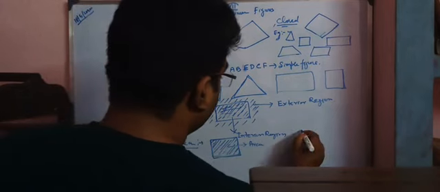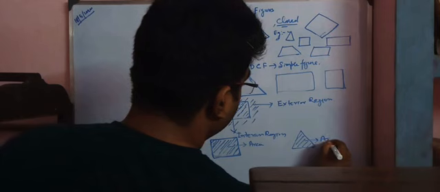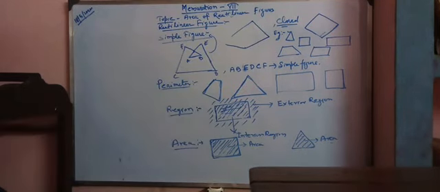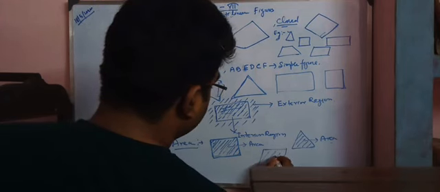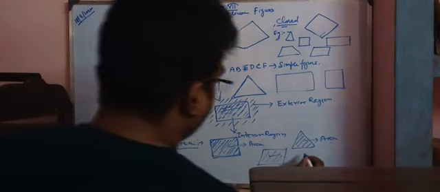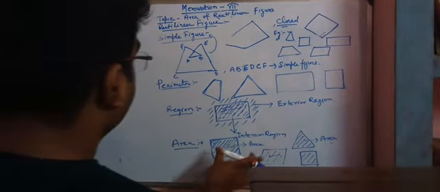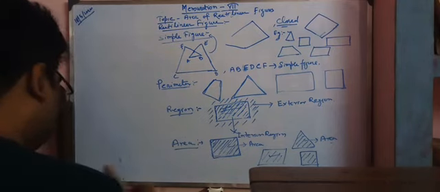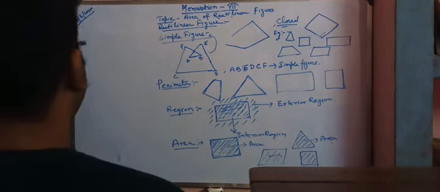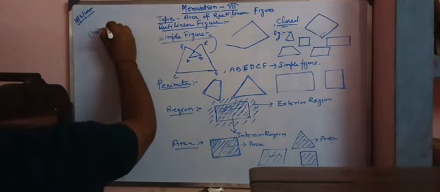For a triangle, this will be the area; for a parallelogram and a square, this will be the area. So this is the main concept of area. Next, come to units of area.